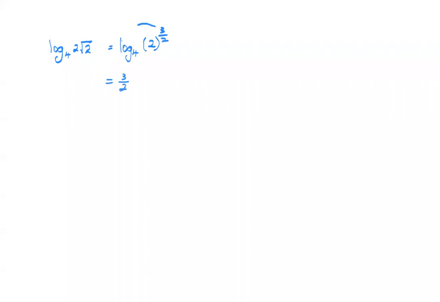You can bring the power in front. Log base 4 of 2. Okay. We know that log of e base e is 1, correct? That means the base and the number inside are the same, so the result will be 1. So now I try to change the 2 to become 4. So 2 is 4 to the power of half.